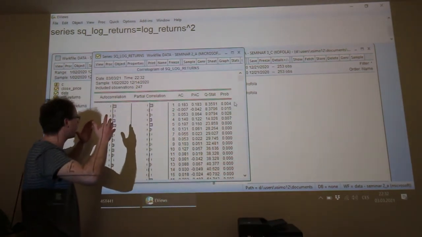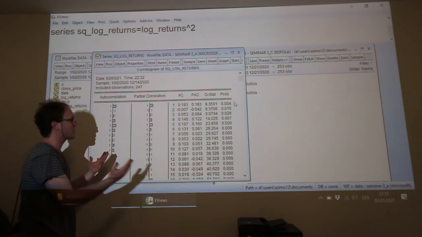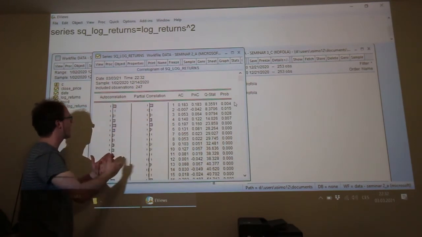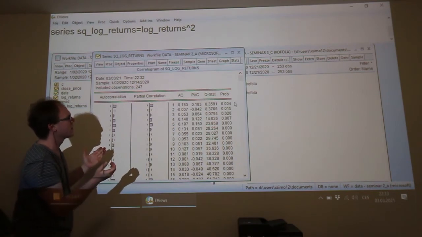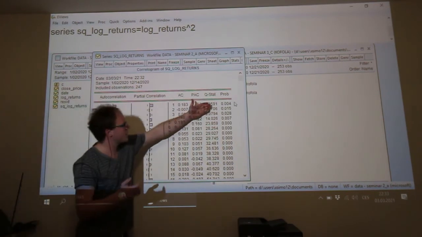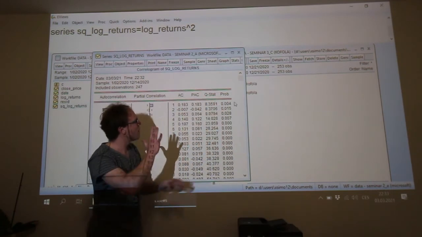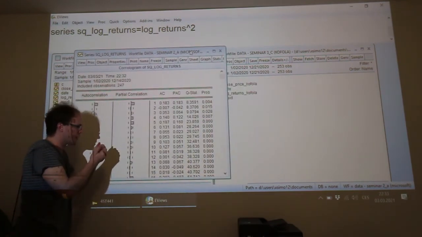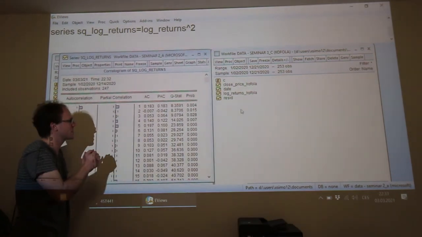We know that zero hypothesis is there is no correlation, there is no dependence in the data set, and you can see small values, below 5% significance level. So it means that this zero hypothesis is not valid at the 5% significance level.